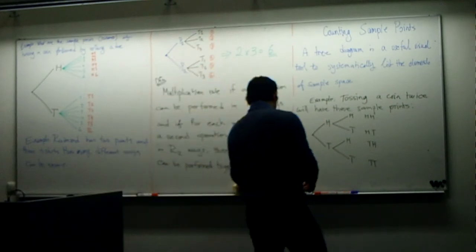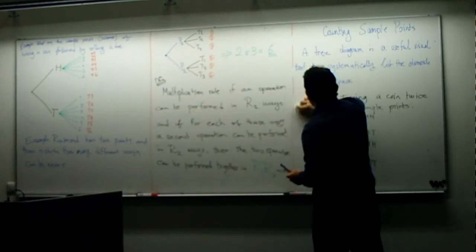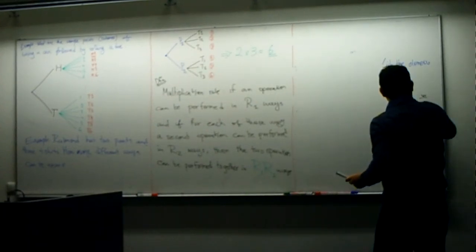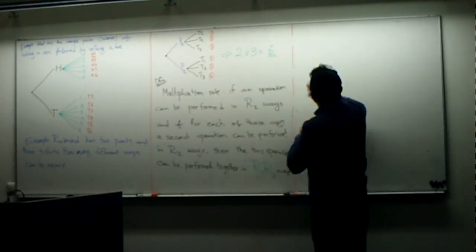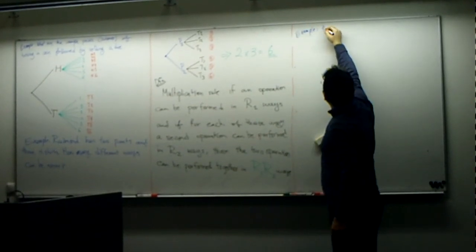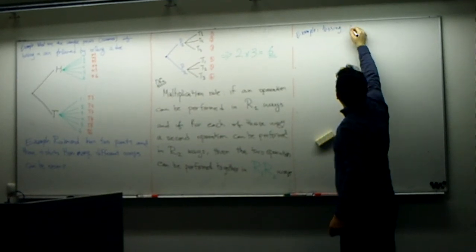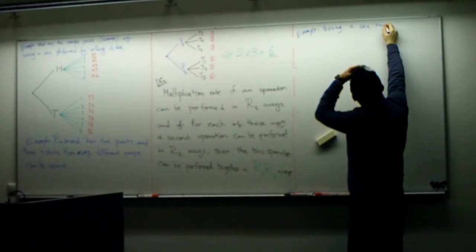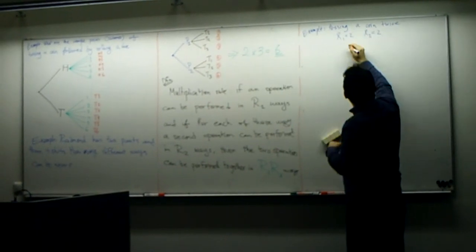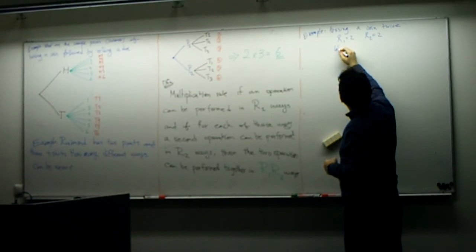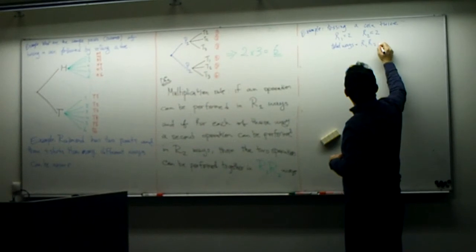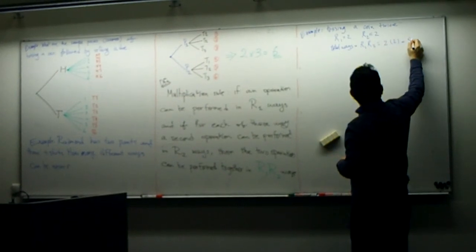All these few examples that recently we have done are very good examples of this multiplication rule. Like tossing a coin twice. R1 is 2, R2 is 2, so the total is R1 times R2, which is 2 multiplied by 2, which is 4.